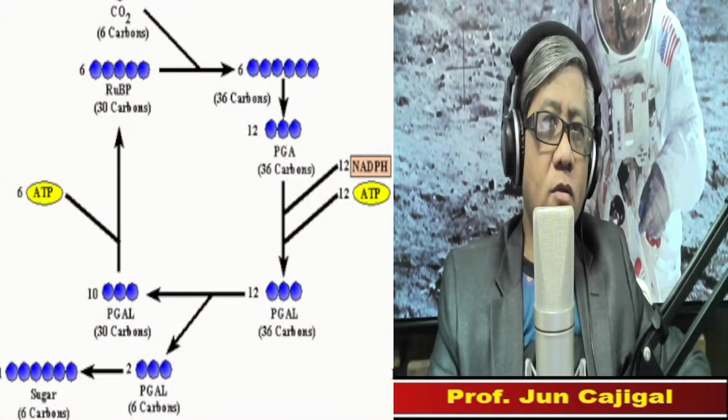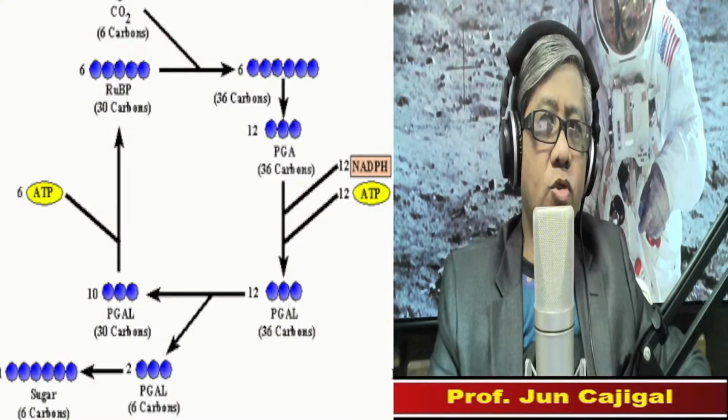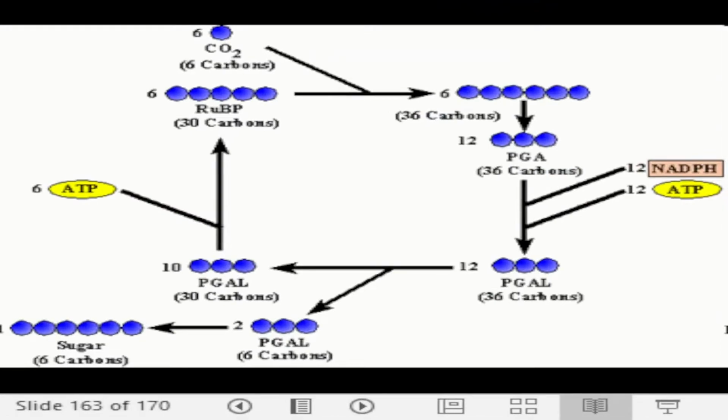So again, let's take a look at this diagram showing step 1 or carbon fixation. Here, carbon dioxide enters the plant through tiny openings in the leaves called stomata. This carbon dioxide reacts with RUBP or ribulose bisphosphate. Now, the reaction is catalyzed by an enzyme called Rubisco or RUBP carboxylase.